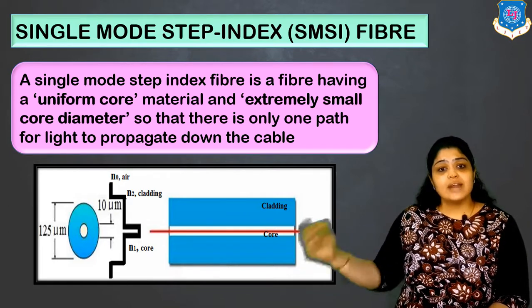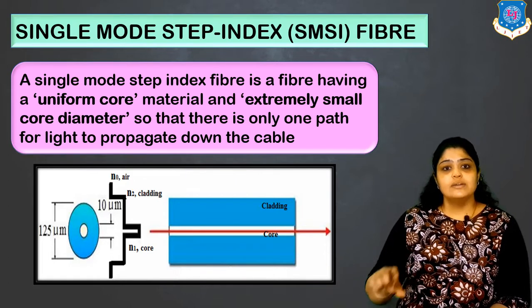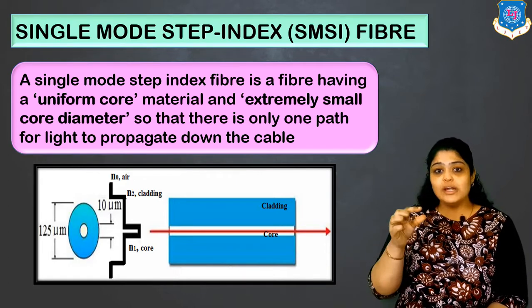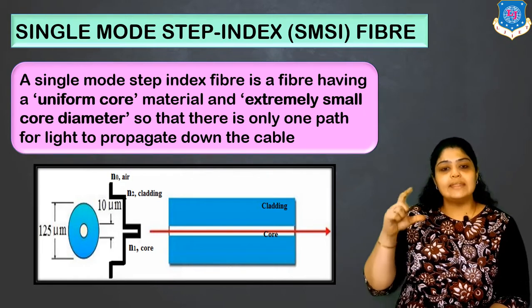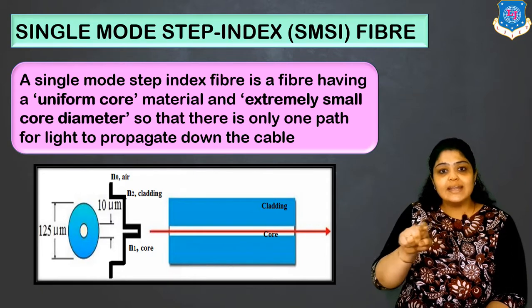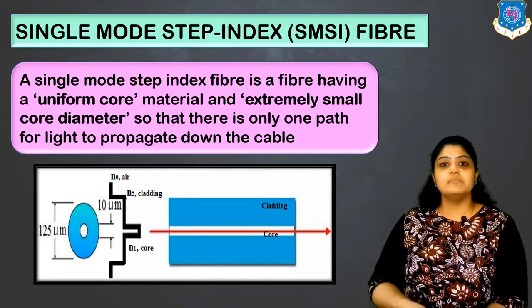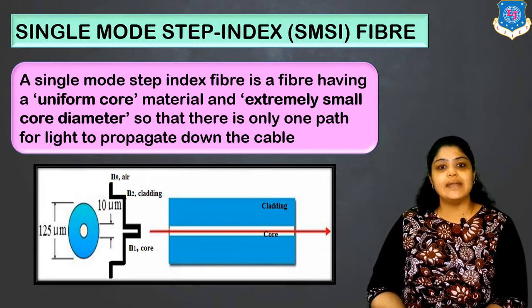And then on the right hand side, you can see the core, with a very small diameter because it is single mode, and then you have the blue colored cladding, and in between them you can see that the red colored light is propagating as a single path only. This is the meaning of single mode step index fiber.